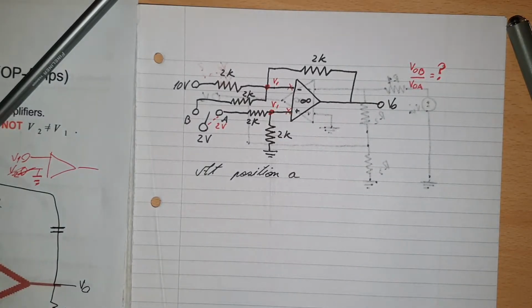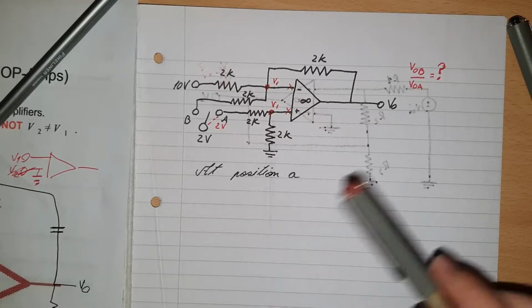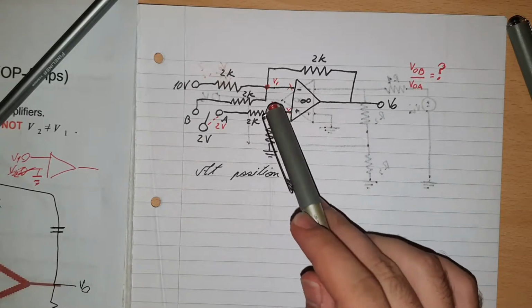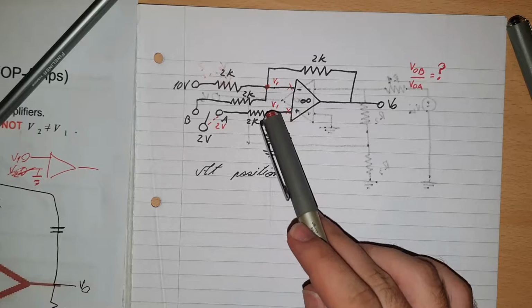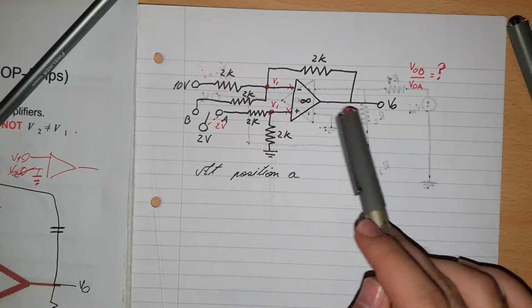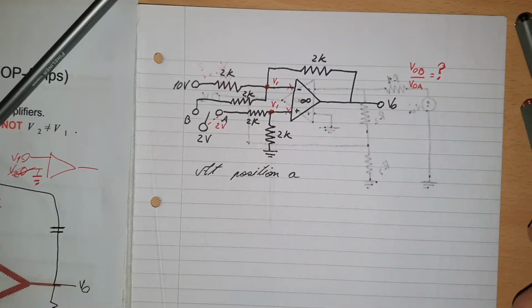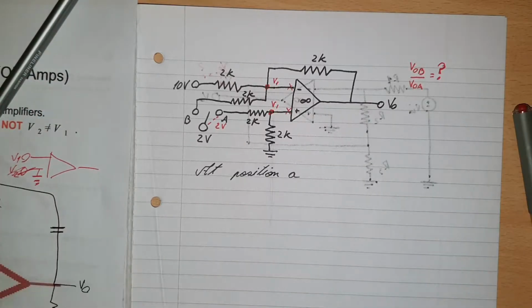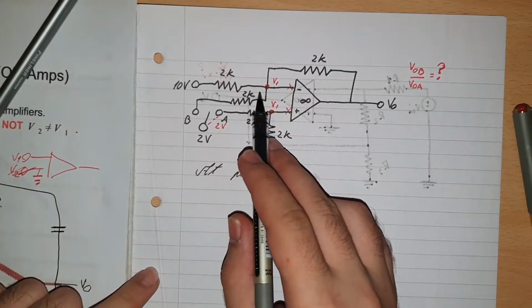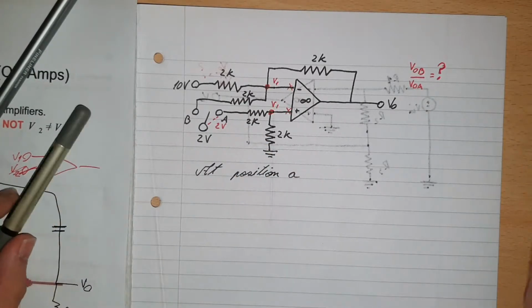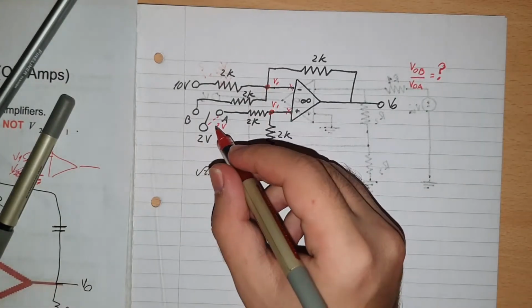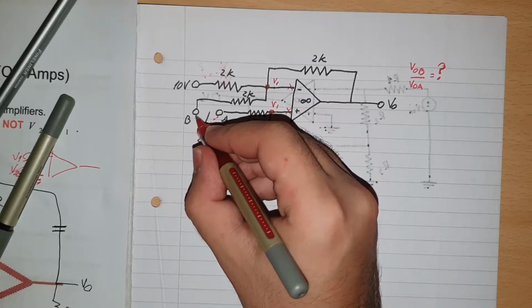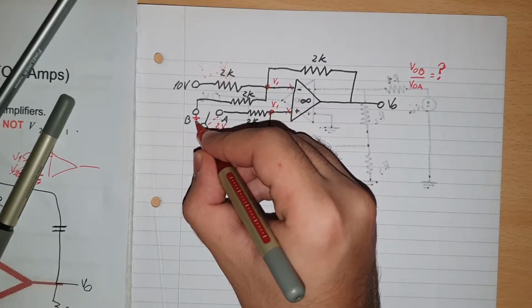Alright, okay, so what do we need to do? Well, the first step would be to calculate V out, and let's write the formula for it. Also, because B is not connected to anything, this one will be seen as ground, so that will be 0 volts.